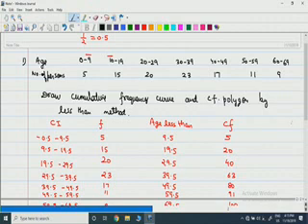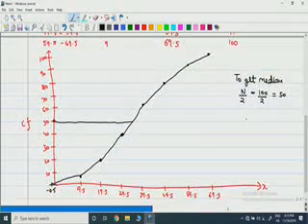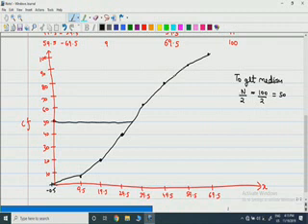Okay. So we were talking about how to find the median. To get the median, first we have to find n by 2. N is the total frequency, which is 100. So 100 by 2 is 50. We have to locate the point 50 on the y axis on the cumulative frequency. So here is 50. Now from this 50 we have to draw a horizontal line, or parallel to x axis, up to this curve. Whatever it intersects this curve at some point, let's say it is intersecting over here.